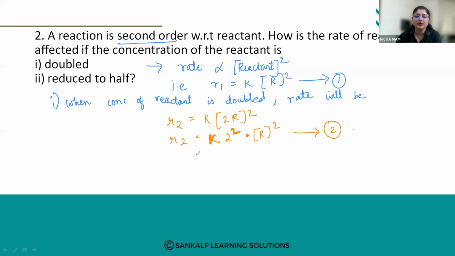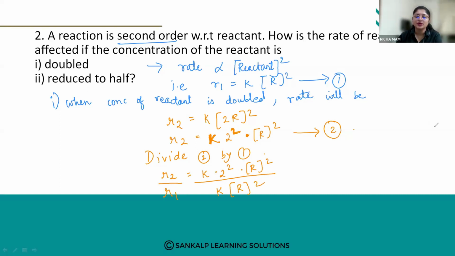Now, what we'll do? We will divide 2 by 1. Just see how much you're getting. So R2 upon R1 is K into 2 square into concentration of R square, upon K into R square.